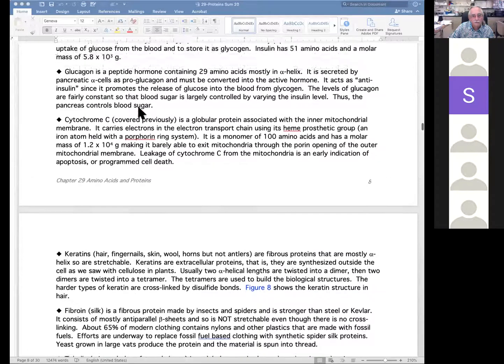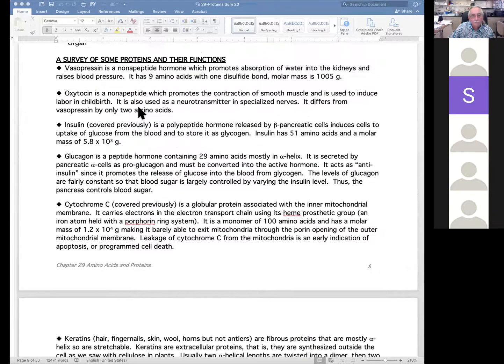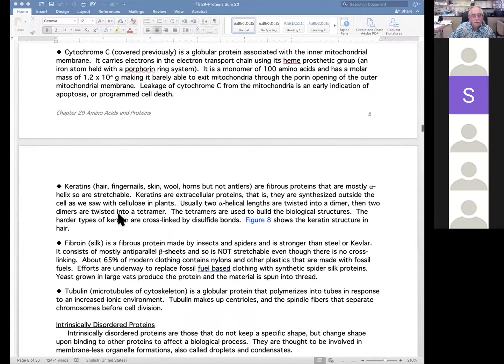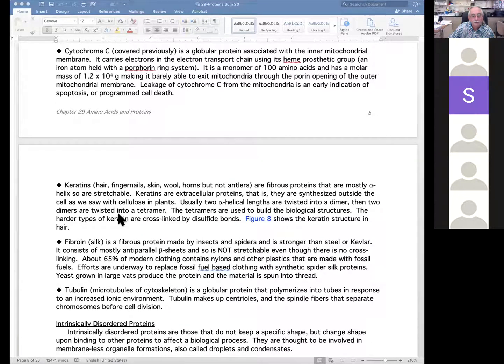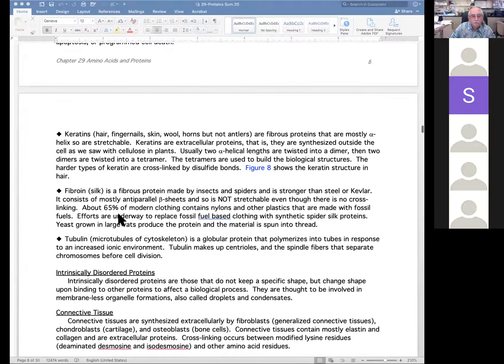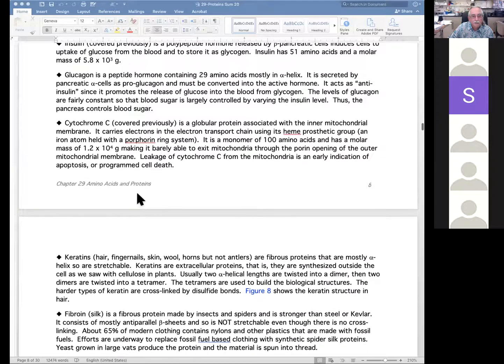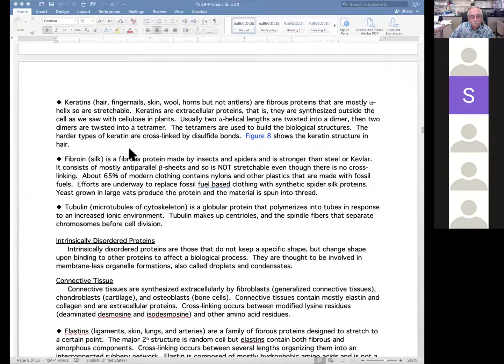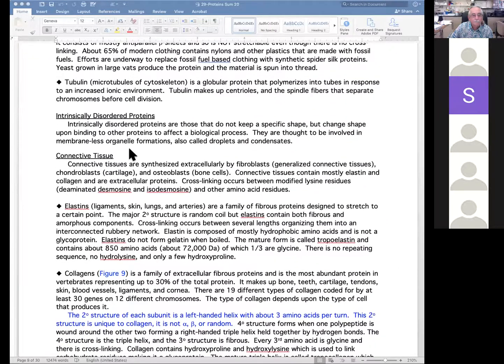These four over here. Yeah. Cytochrome is not. Keratins, probably. Yeah, these are probably, yeah. But cytochrome C is not because it has the iron in the heme group, right? Okay, thank you.